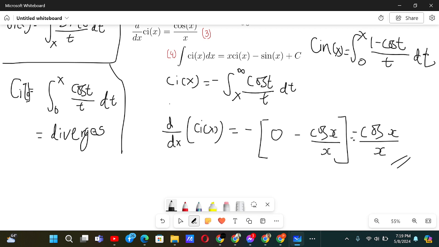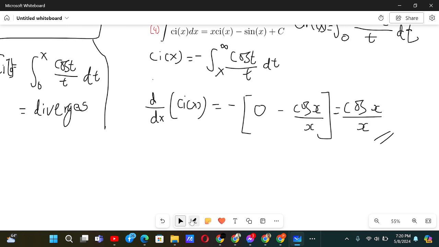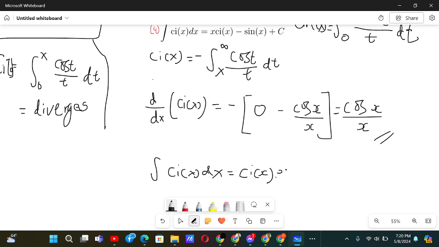Yeah, we see that its derivative is just cos x by x. Okay, that's good. Now let's find the integral, and then we will have completed our task. So for the integral of Ci of x dx, we can use integration by parts with Ci as u and 1 as v. So we get Ci of x times x, minus the integral of the derivative of Ci of x, which we have just found to be cos x by x, times x.